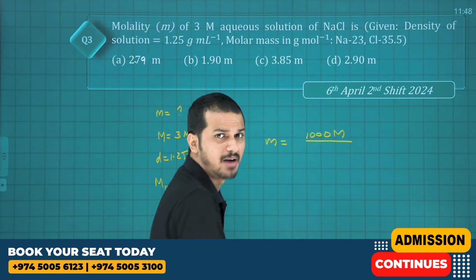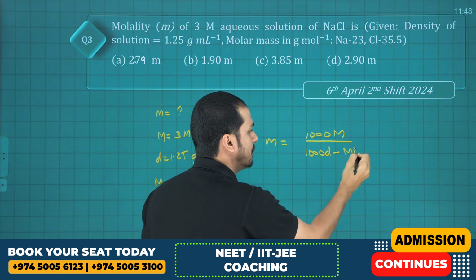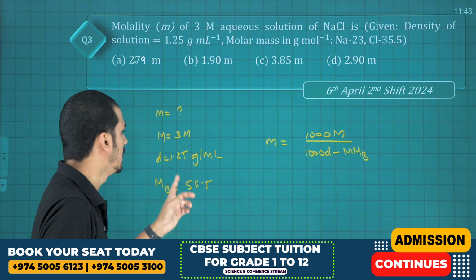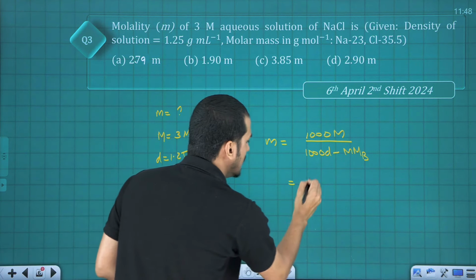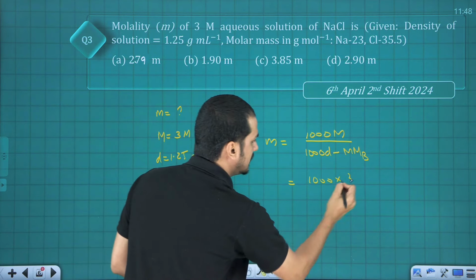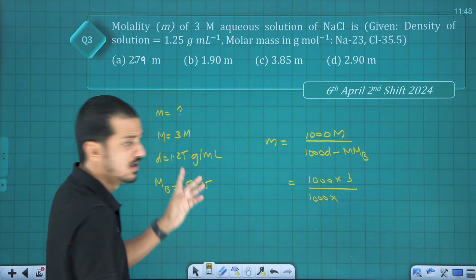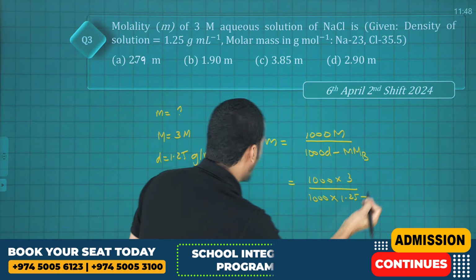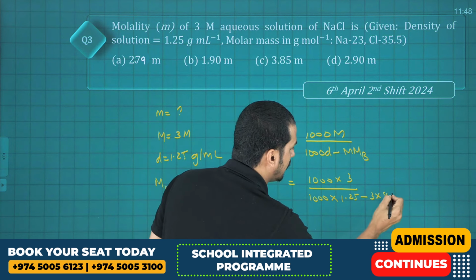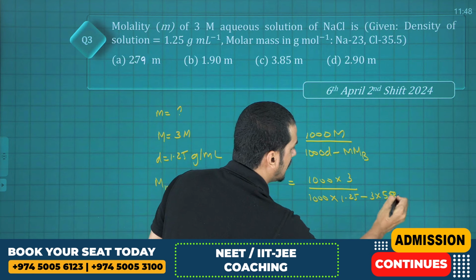Molality is equal to 1000 into molarity divided by 1000 into density minus molarity into mmB. So I can substitute the values: 1000 into 3, divided by 1000 into density, 1.25, minus 3 into 58.5.